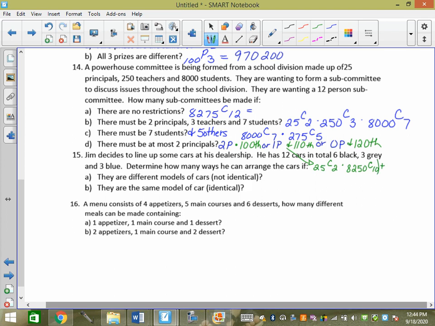Plus 25 principals, and I'm going to choose 1. Oh, and 8,250 others, and I choose 11. Plus, I need 12 others. So 8,250, choose 12. And like I said, you're not going to type these in your calculator because they would be massive. They would just leave them that way.